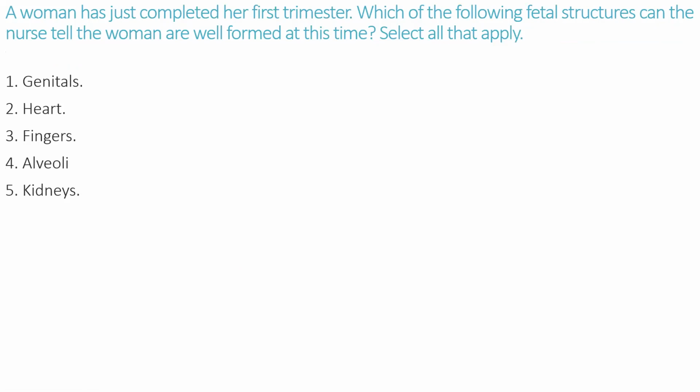A woman has just completed her first trimester. Which of the following fetal structures can the nurse tell the woman are well formed at this time? This one's really important, because when we're thinking about that fetal milestone chart, this is a potential question that could come out of this. I'll give you guys some time to answer.